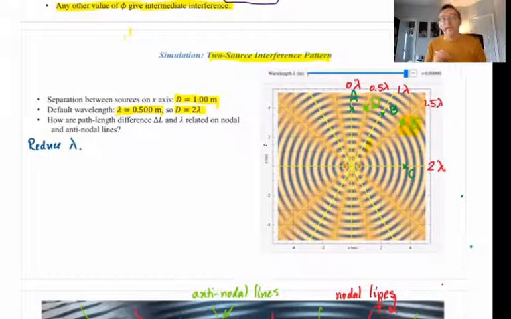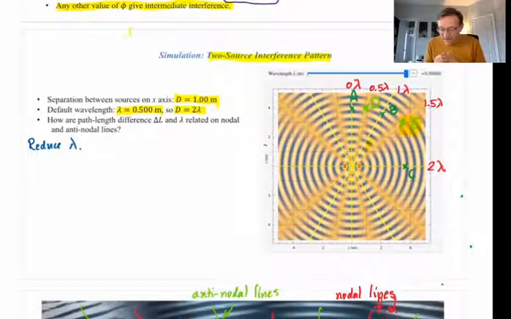Smaller wavelength of the waves. What do you think is going to happen to the pattern? Now that may be a bit of a stretch, but reducing the wavelength, let's think about it, it's going to basically compress, make things happen on a smaller scale. We're going to be able to fit more nodal and antinodal lines in this same region of the XY coordinate system.